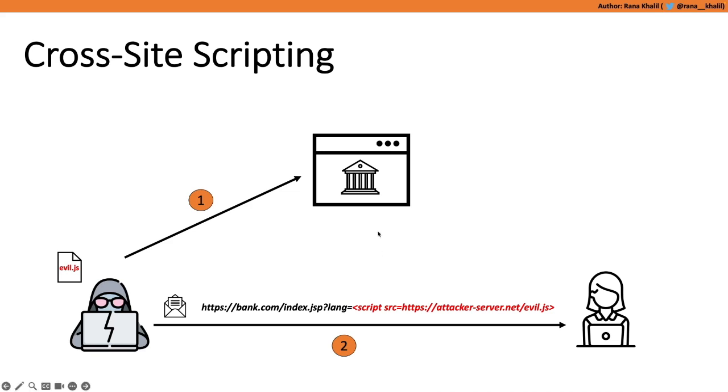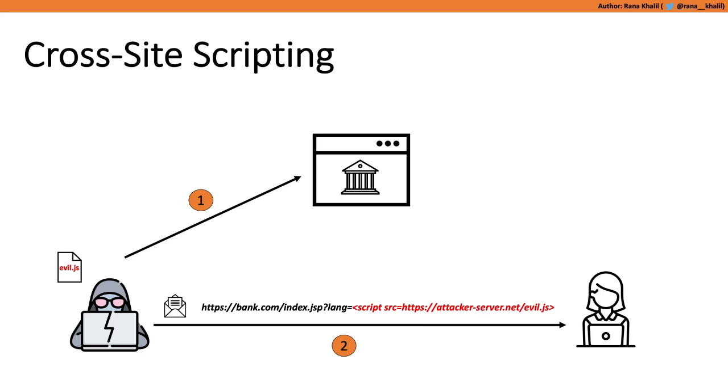So if we go back to our example over here, after the attacker has identified the vulnerable parameter and injected his malicious script in the vulnerable parameter, the attacker has to entice the victim user, which is Alice in this example, to click on the link. Now, when Alice receives the email that says, hey, you could perform your banking applications using this link over here, Alice is not stupid.